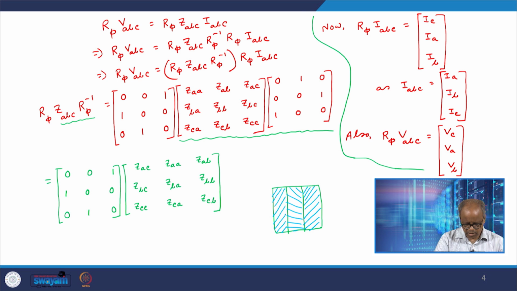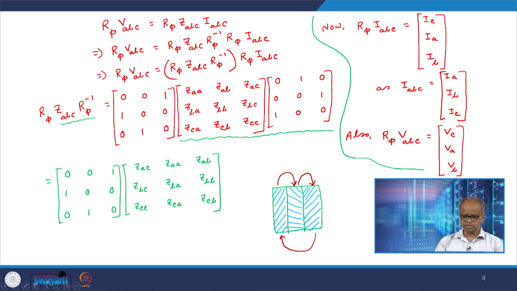The effect of post-multiplication is that this will be shifted here, this shifted here, and this shifted here.